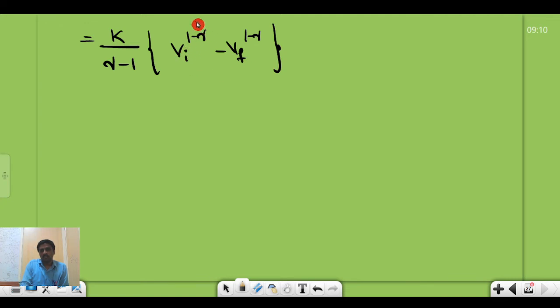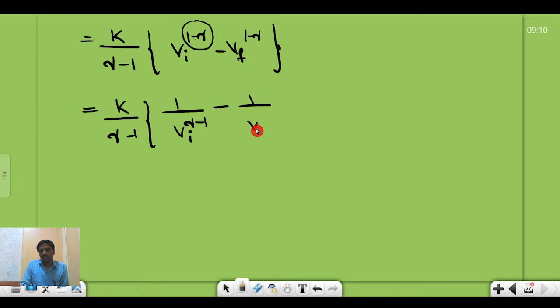So our goal is to eliminate the negative term in the equation. So I am modifying this equation like this, 1 divided by V i gamma minus 1. If it is the denominator, we can write like this, divided by V f gamma minus 1. Then there is no negative term in this equation. Here is the positive term, here is the positive term, here is the positive term.